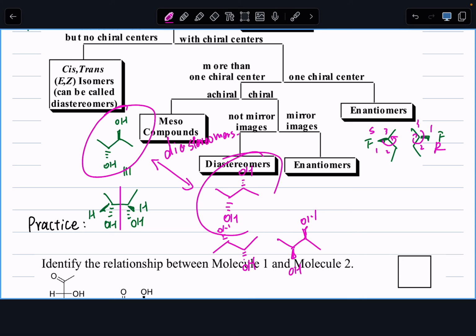All right. What if we have the 1,2-trans-difluorocyclohexane? Now, first question, can you draw the lowest energy chair conformation of the 1,2-trans-difluorocyclohexane?